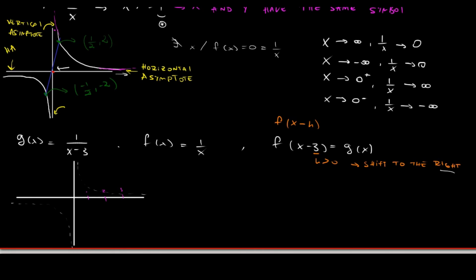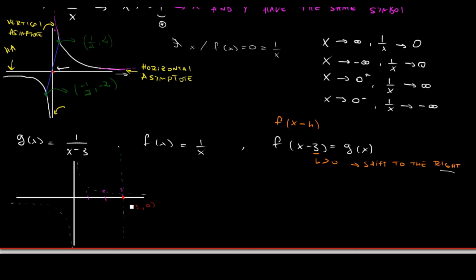Now what I'm gonna do is draw a vertical line here in 3, because now g will be symmetric with respect to this point right here. This will be our new origin, the point 3, 0.